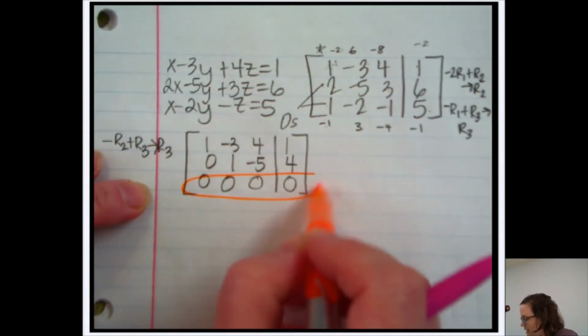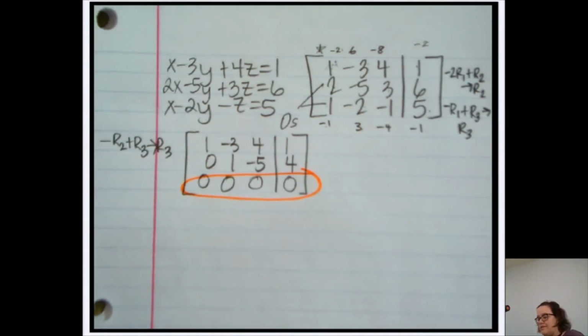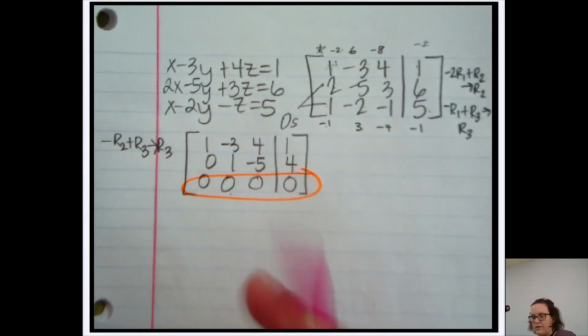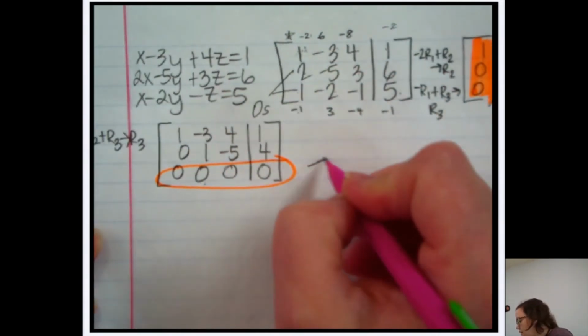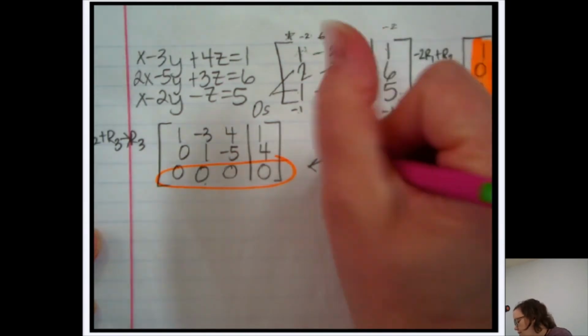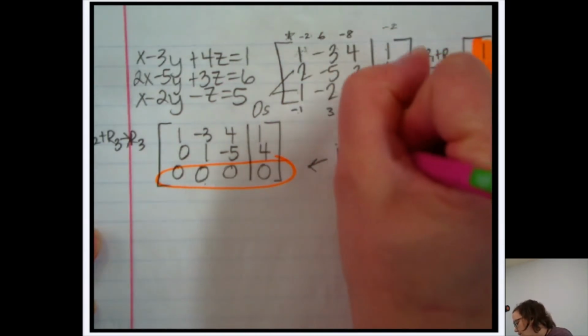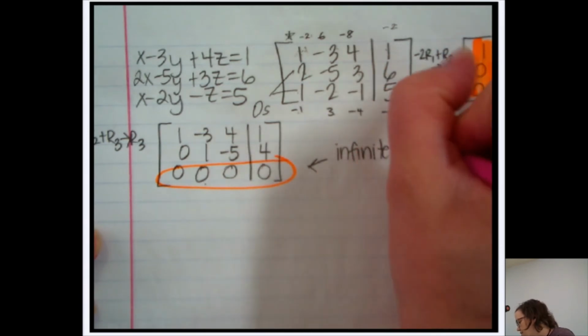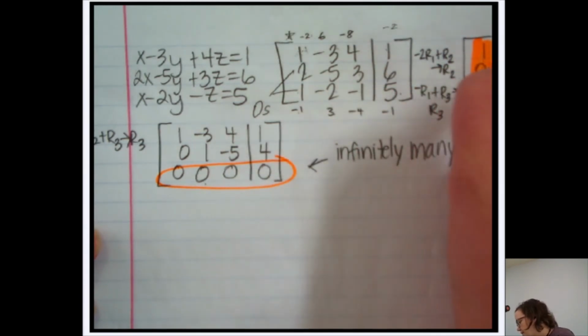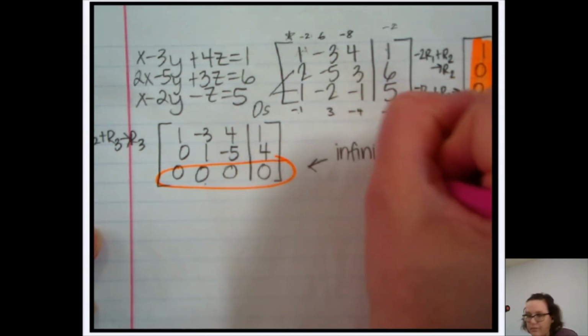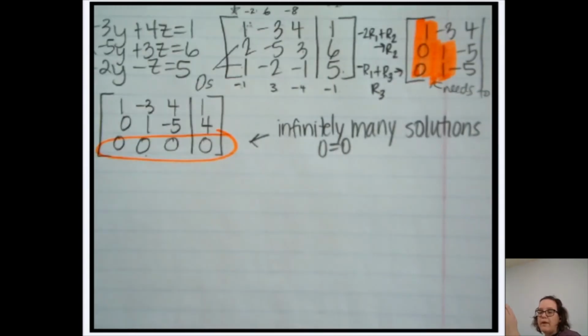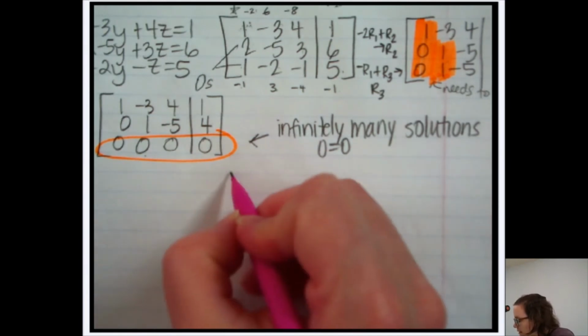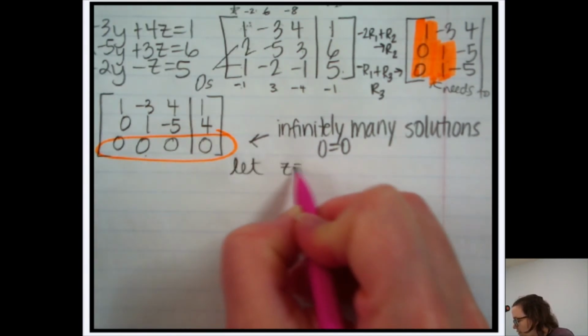Okay. Anytime I end up with all zeros on the left, we have a unique situation. Okay. This is infinitely many solutions because this is still a true statement, right? 0 is equal to 0. Okay. So this is where we have to let, in this case, we're going to let z equal z.